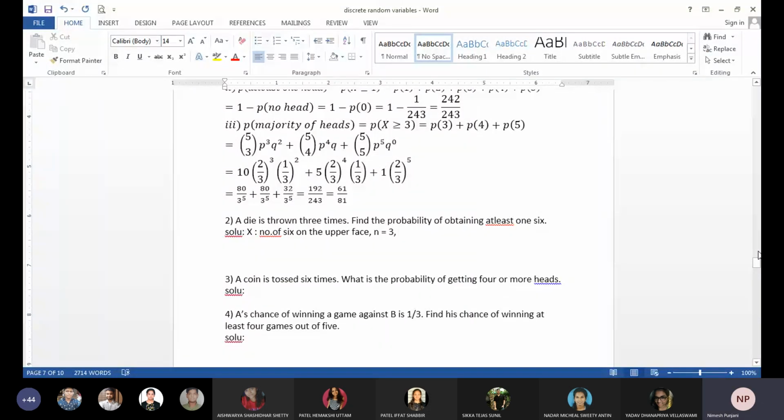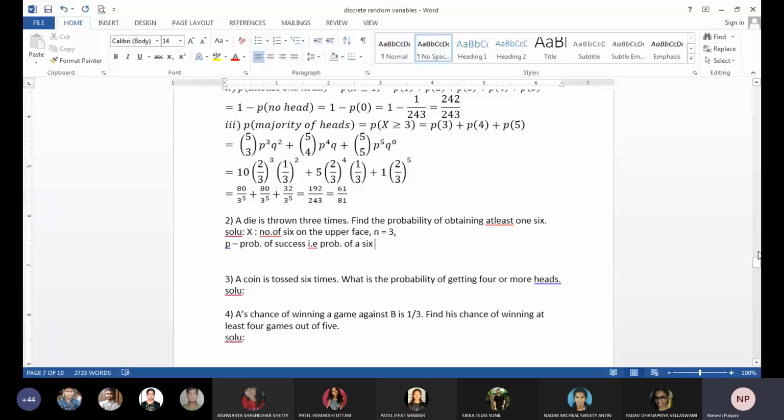P will be the probability of success. That is, probability of getting a 6.